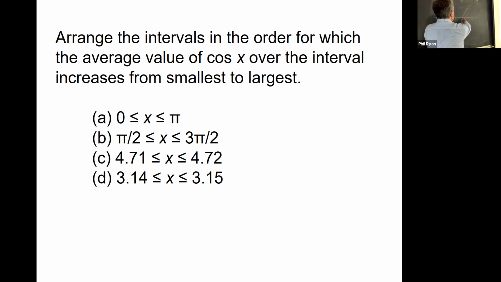Between pi on 2 and 3 pi on 2, it's going to be negative, because the whole thing is down here. So B is negative, say negative a half, something like that.